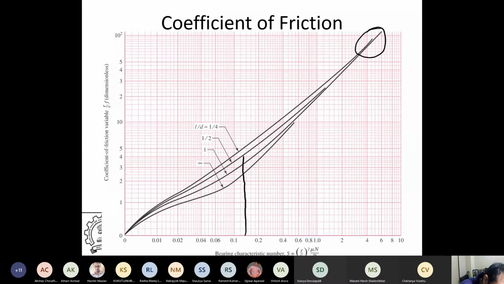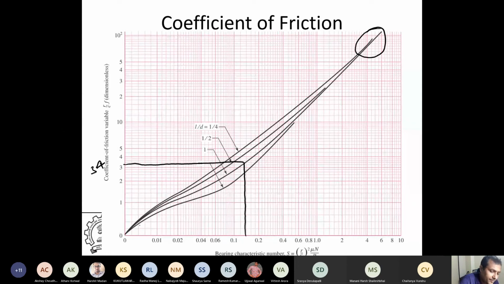L by D is equal to 1. This is roughly 4. R by C, if I go ahead and find out, this is what it is. No, my mistake. L by D is 1 is this one. So it would be somewhere like this, 3 point something, 3.4 or something.